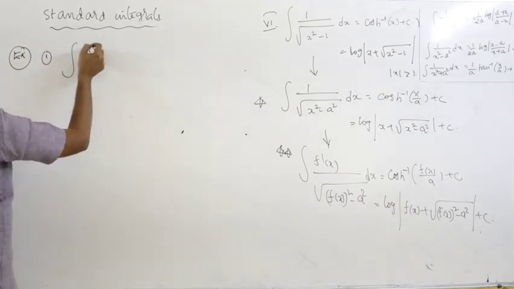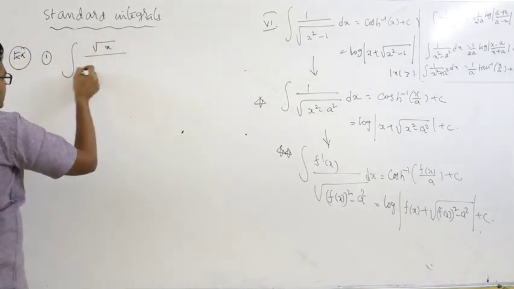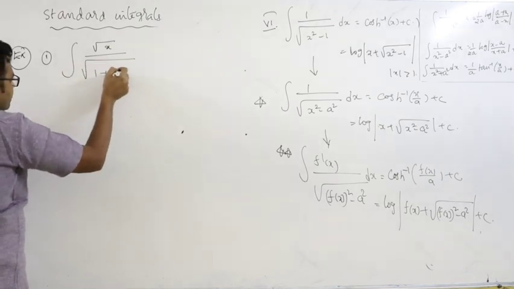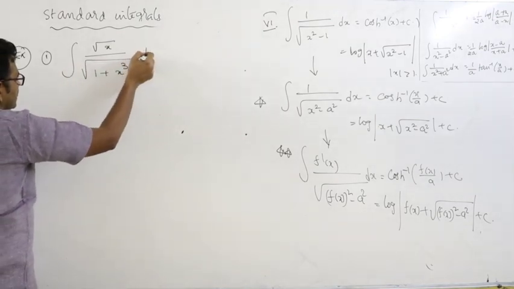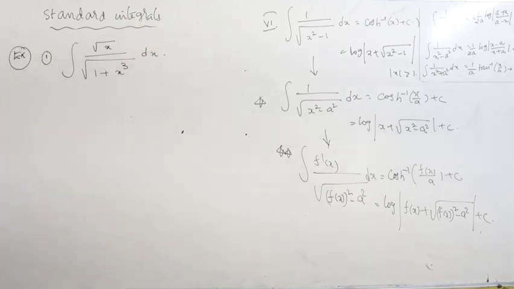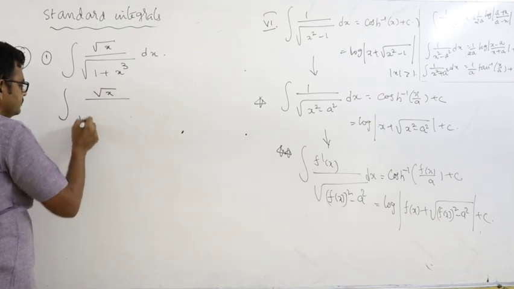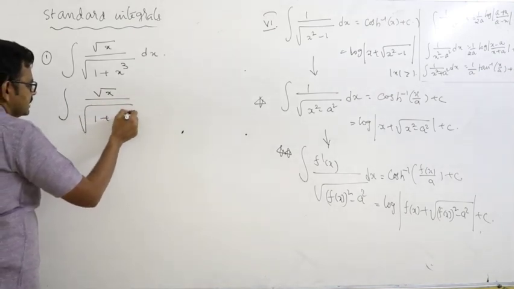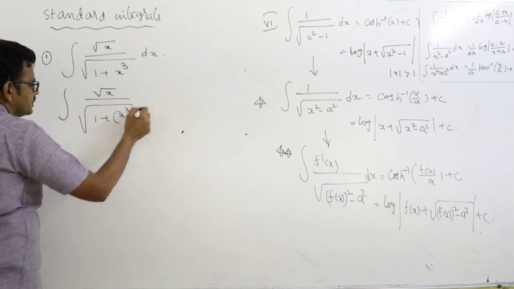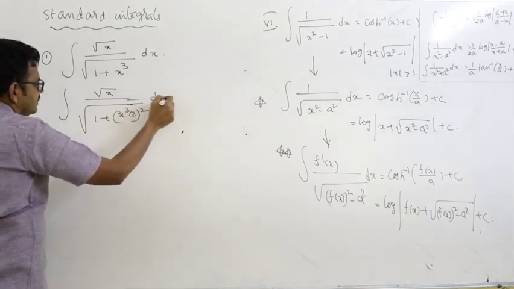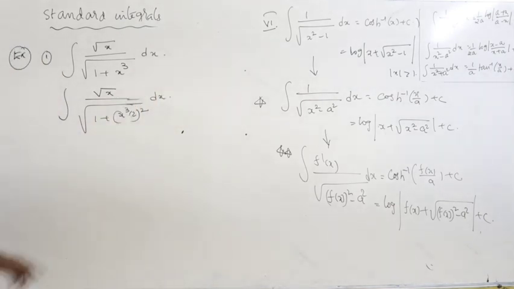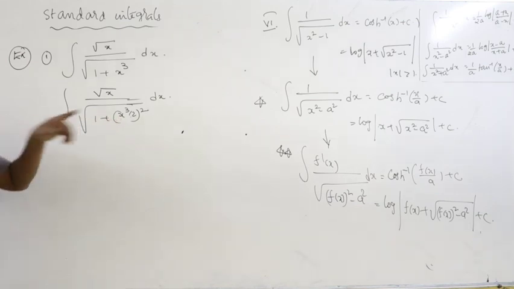Example 1. Integral root x by root of 1 plus x cube dx. That is integral root x by root of 1 plus x power 3 by 2 whole square dx.